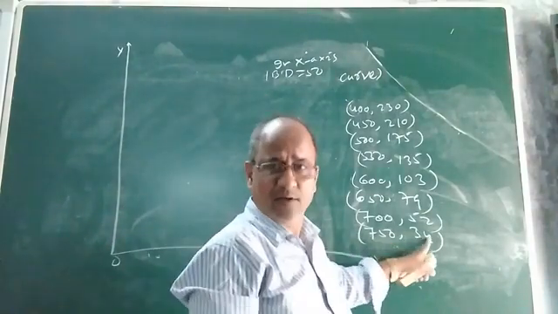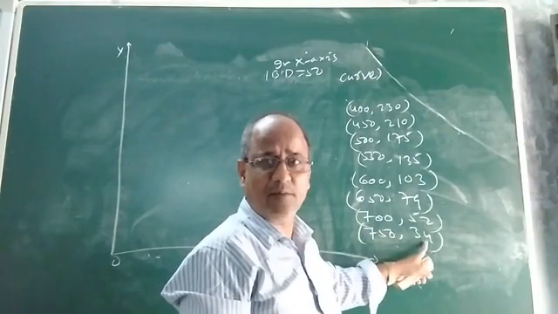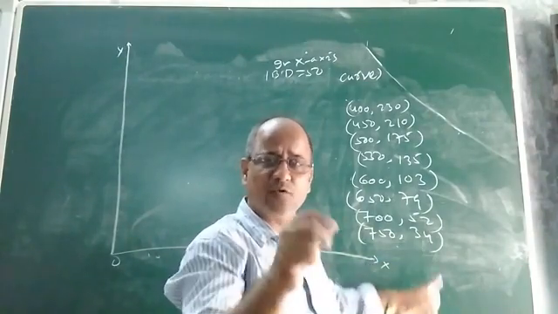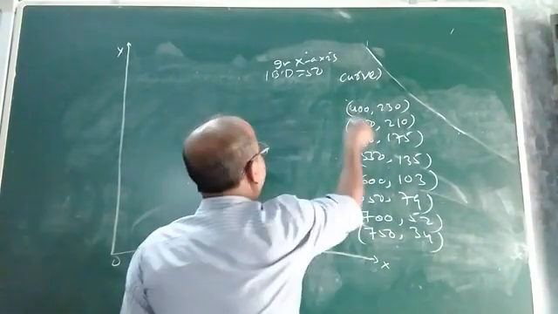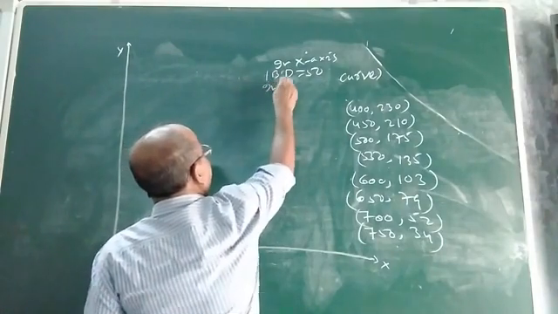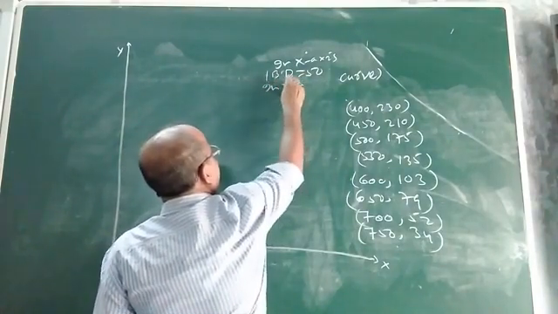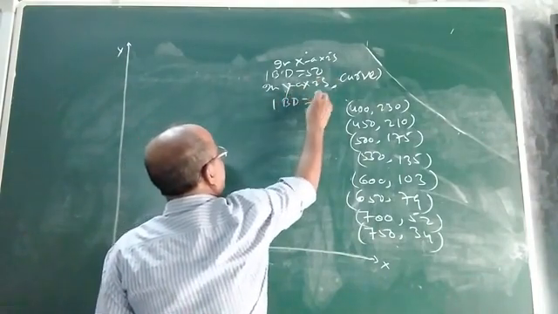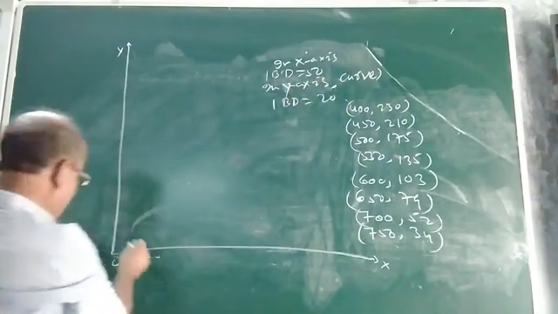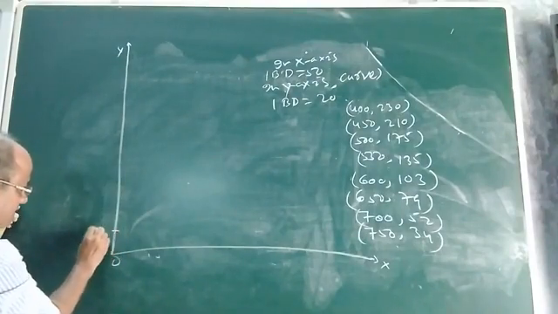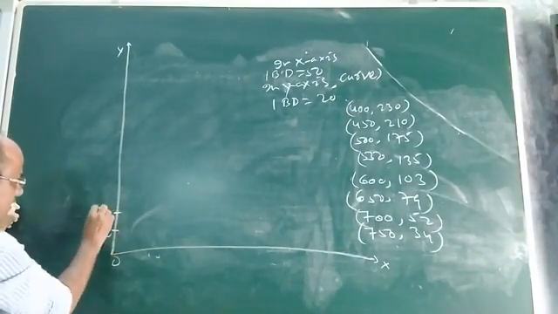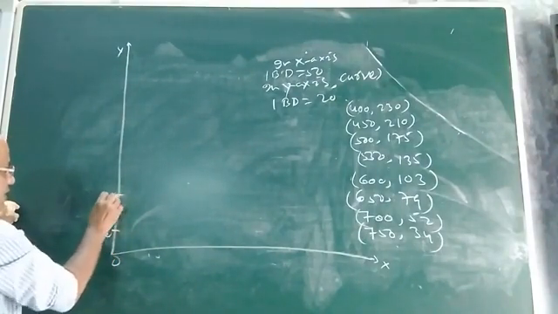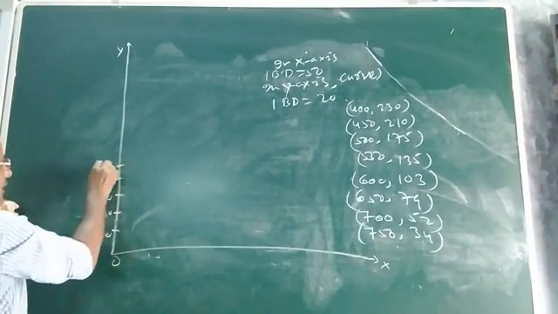So look at the minimum cumulative frequency, it is 34. So we can take one big division equal to 20. Suppose in y-axis, let us take one big division equal to say 20. Now if you take 20, then this will be 20, 40, 60, 80, 100.